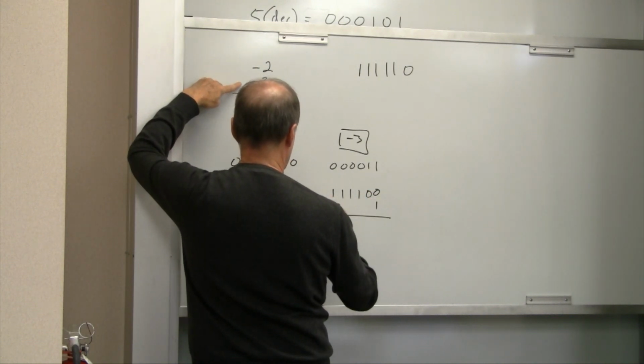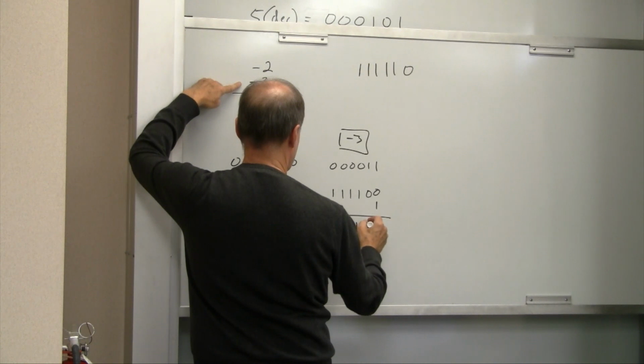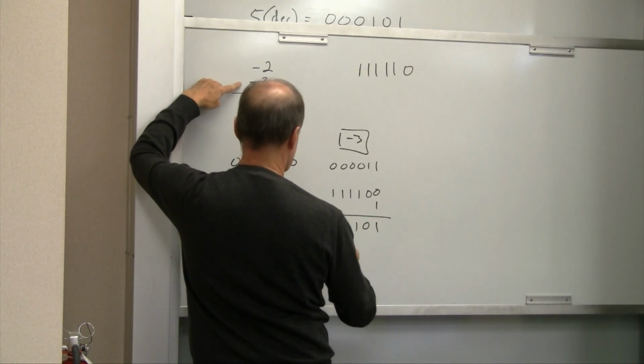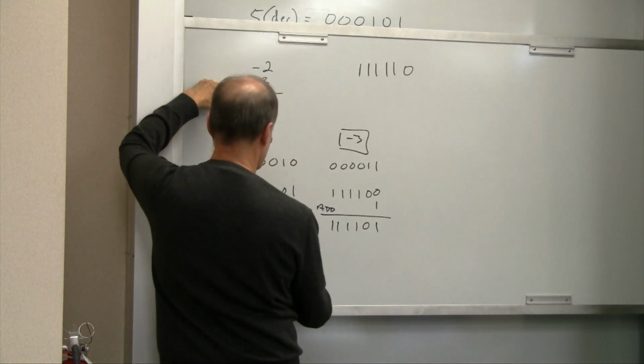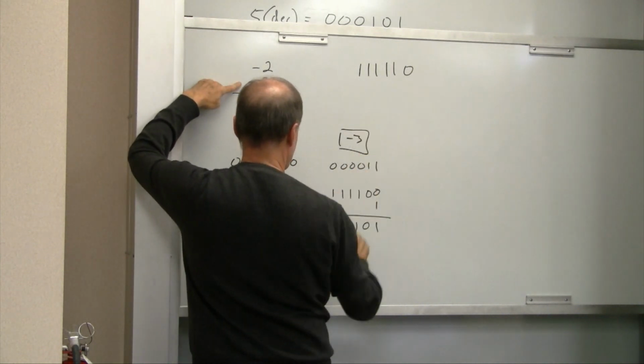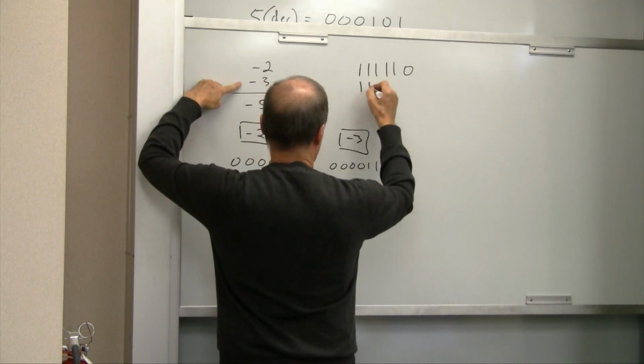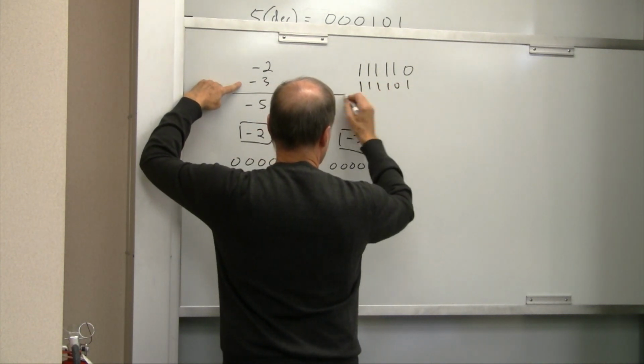Add 1. So that becomes 1, 1, 1, 1, 0, 1. Is everybody clear? So this is -2. This is -3. So here's our -2, and -3 is 1, 1, 1, 1, 0, 1.